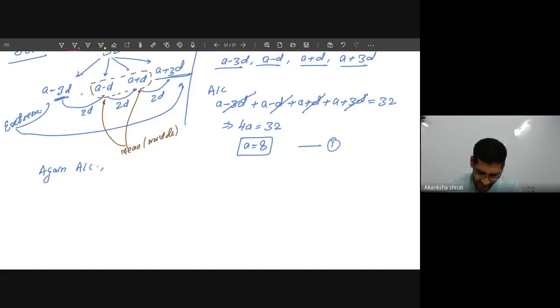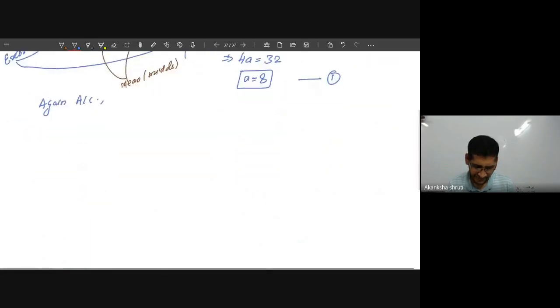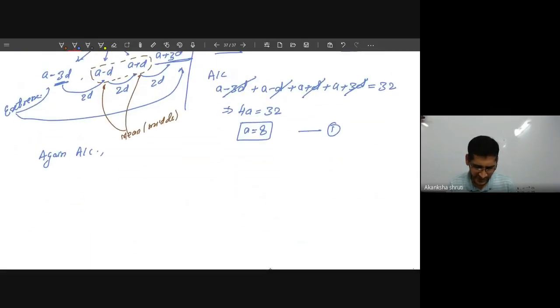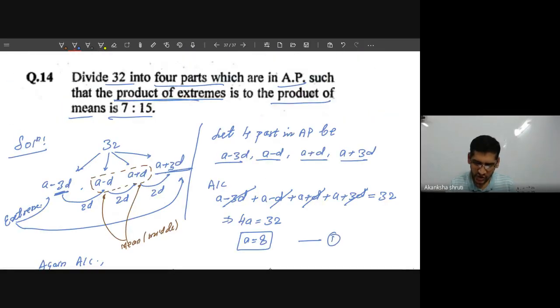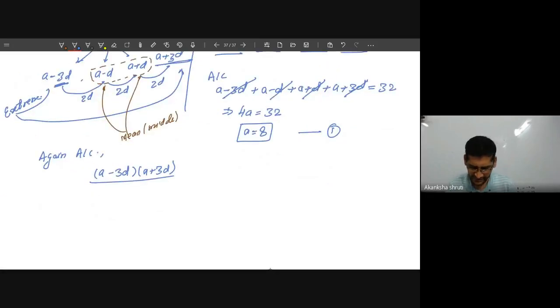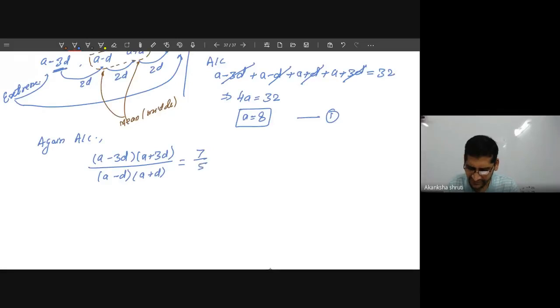Now student, the other condition is the ratio of the product of extremes, means one is the starting and one is the end, A minus 3D, its product with the end one which is A plus 3D, when this is divided by the product of the means, means the middle ones, A minus D into A plus D, this ratio is given as 7 by 15.